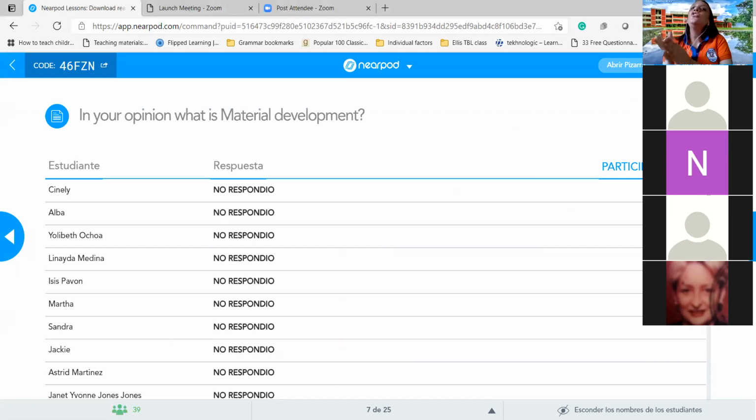So in your opinion then, what is material development? I'm going to give you 3 minutes so you can go there and answer. What is material development in your opinion? What is this about?